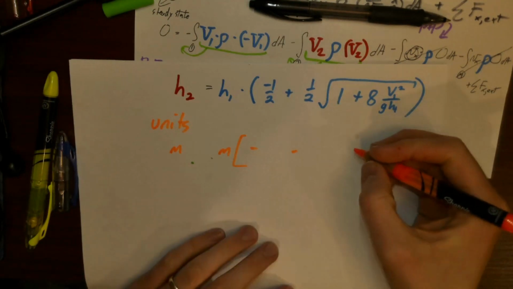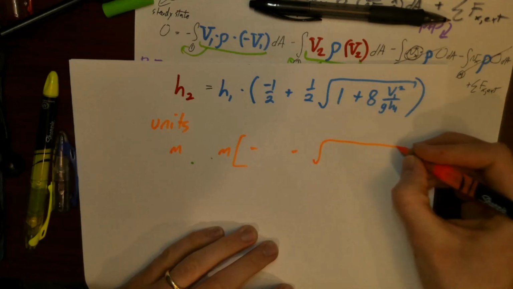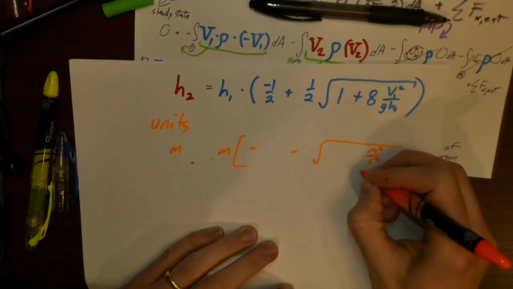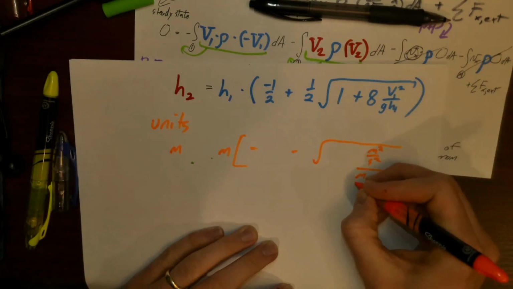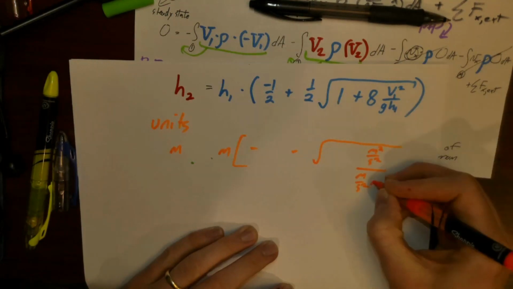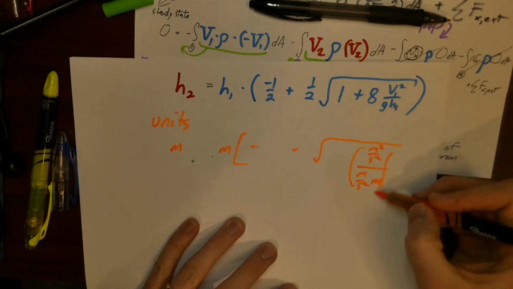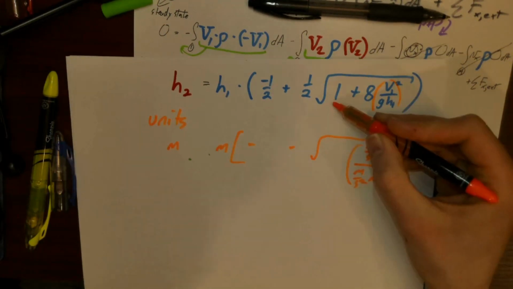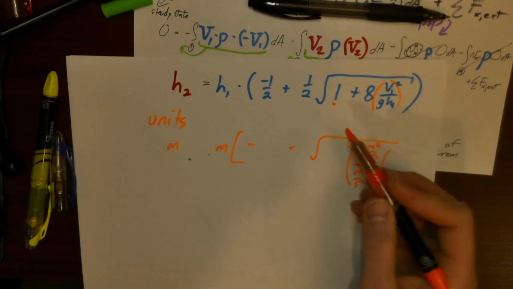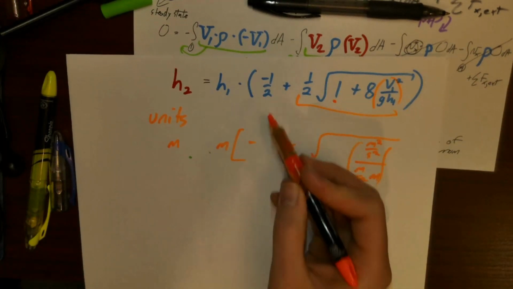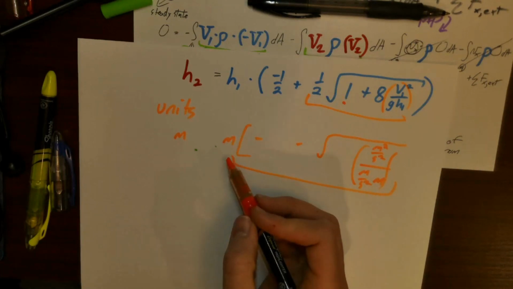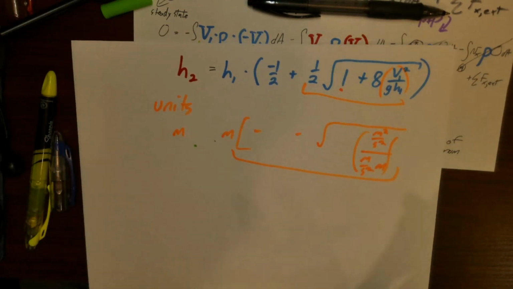And then v1 squared, well, we have the square root of v1 squared, which should have meters squared over seconds squared, over g, which should be meters per second squared, h1, which is meters. So conveniently, all of the stuff in the parentheses here, all the units cancel out, and that's good because we're adding it to something that is unitless, and we're adding this whole thing to something that's unitless, and that means this whole thing is unitless, and we just have meters on both sides of the equation. So units cancel out.